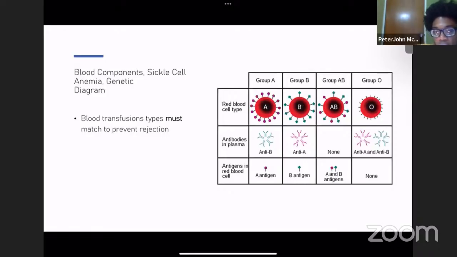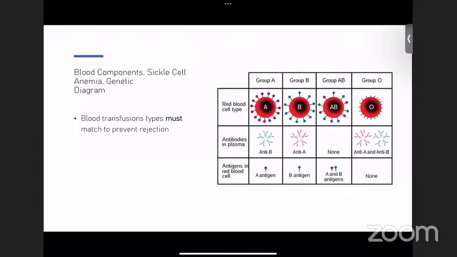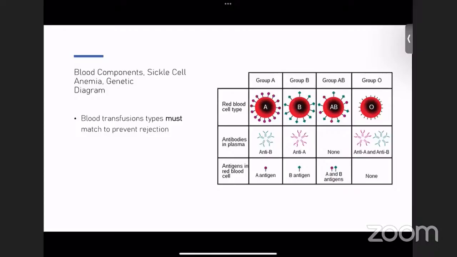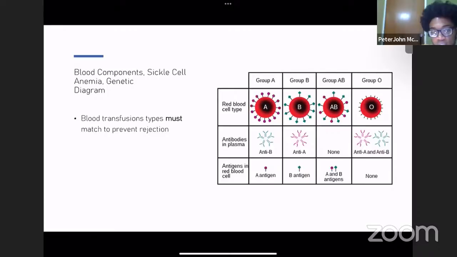Anybody knows what hemophilia is? The blood is unable to clot. Anybody knows what philia means? What does the suffix philia mean? Philia just means you like something.